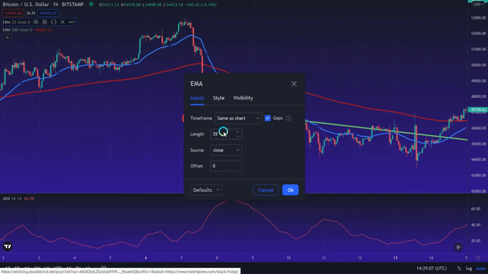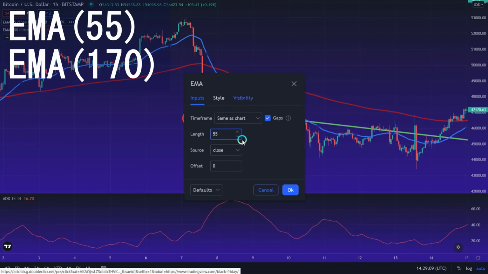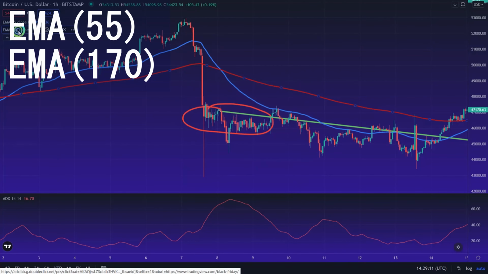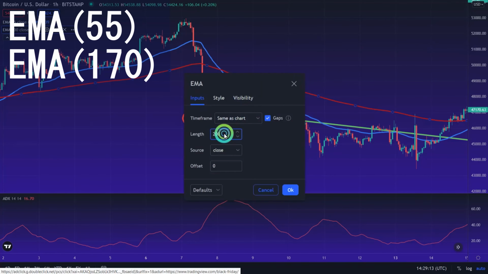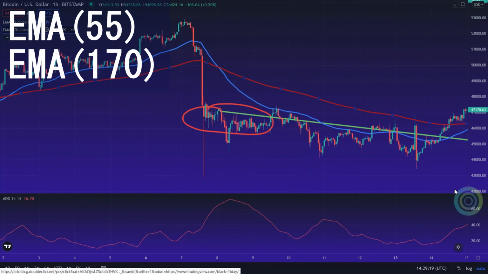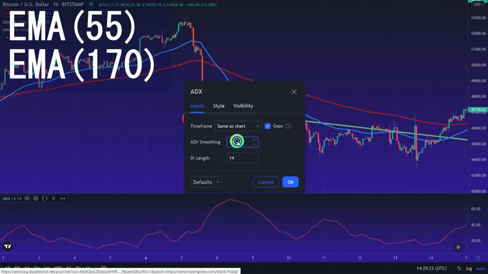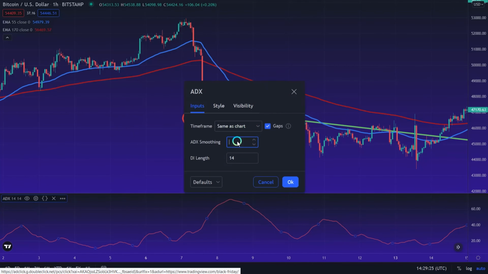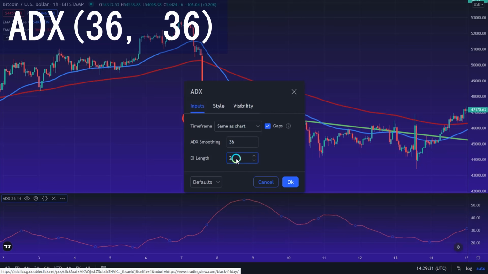The first is a 55 period EMA, and the second is a 170 period EMA. Then we will need an ADX that is not so commonly used, but it is a 36 smoothing and 36 length ADX.